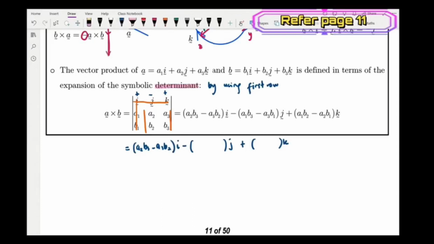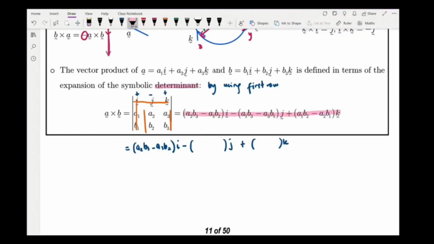Samalah macam yang lain. So kita dapatlah tolak A1 B3 minus A3 B1 J plus A1 B2 minus A2 B1 K. Okay, so tak payah hafal pun tak apa. Ingat balik dia mesti sama cara dia nak cari determinant by using first row.